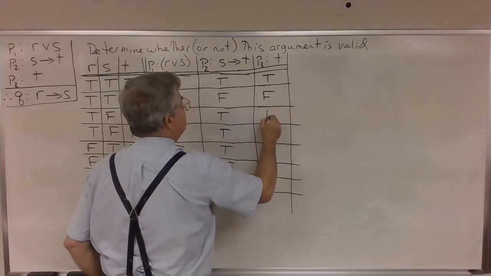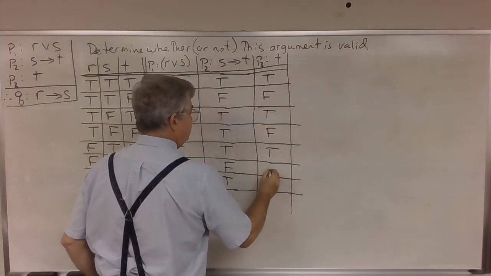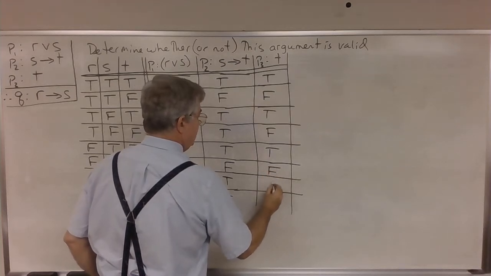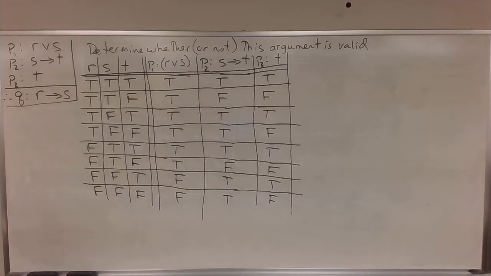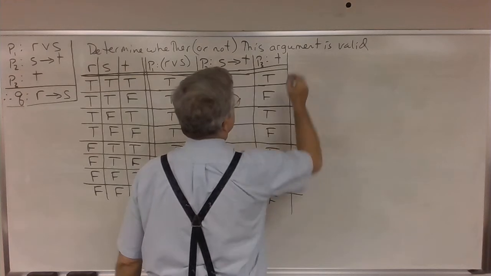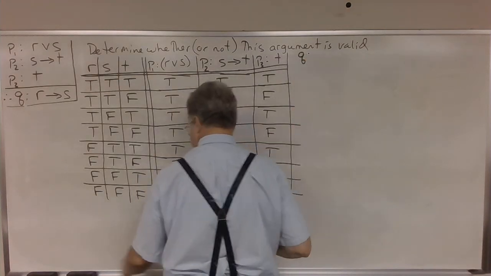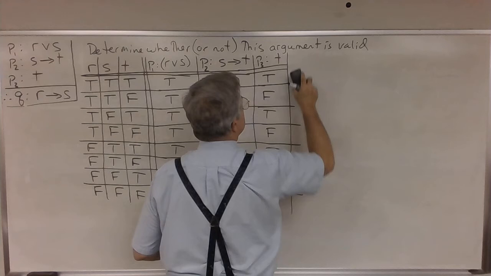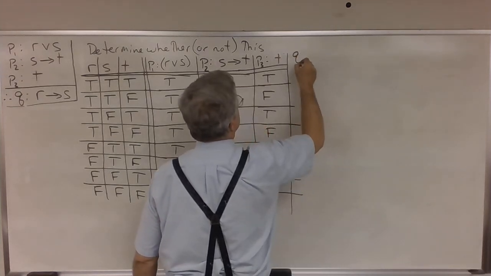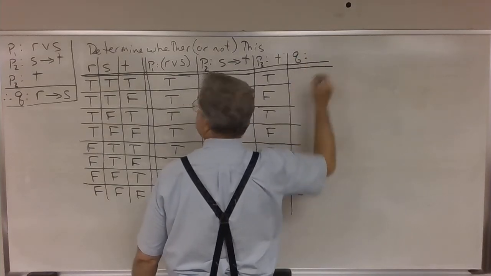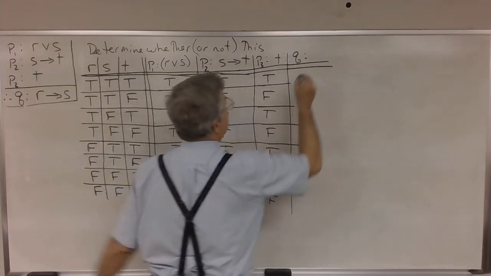True, false, true, false, true, false, true, false. Okay. We have the truth values for each of our premises. We need the truth value for our conclusion, Q. So here's Q. And I may need some room, so let me not take up too much room. Q, that is R implies S.